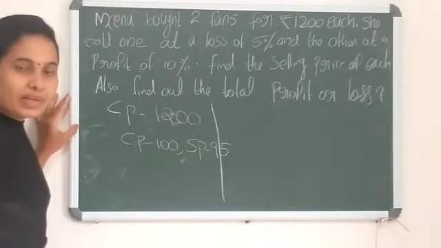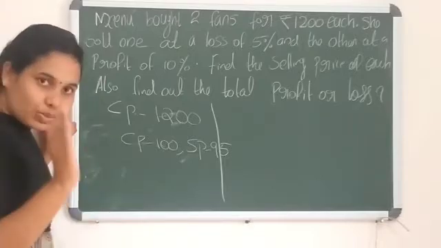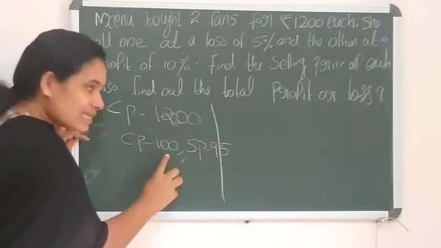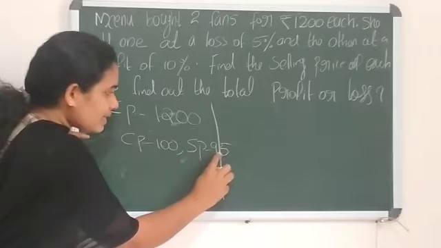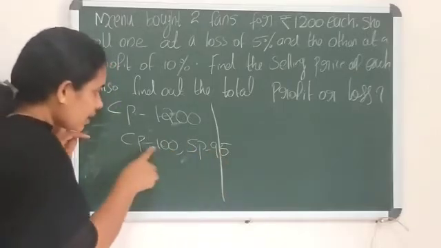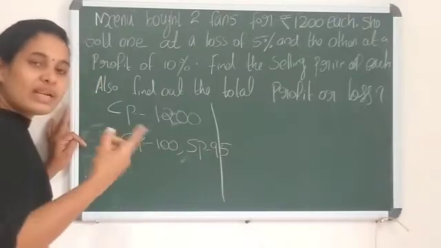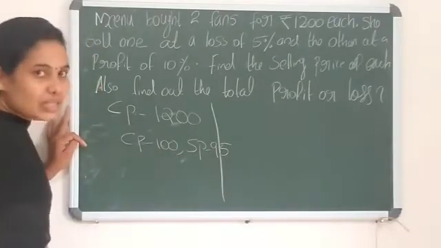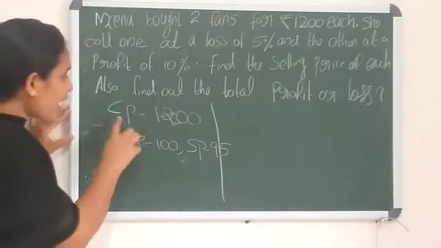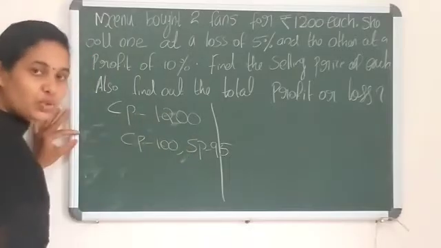That is the idea. You can see that selling price is less than cost price, no? So there is loss. And what is the percentage? 5% is the loss.